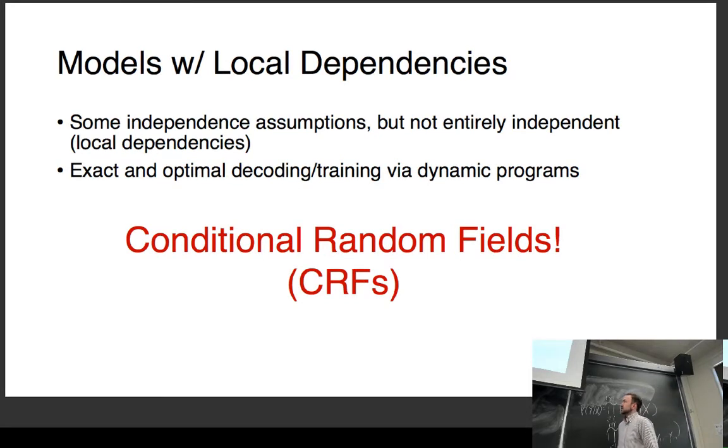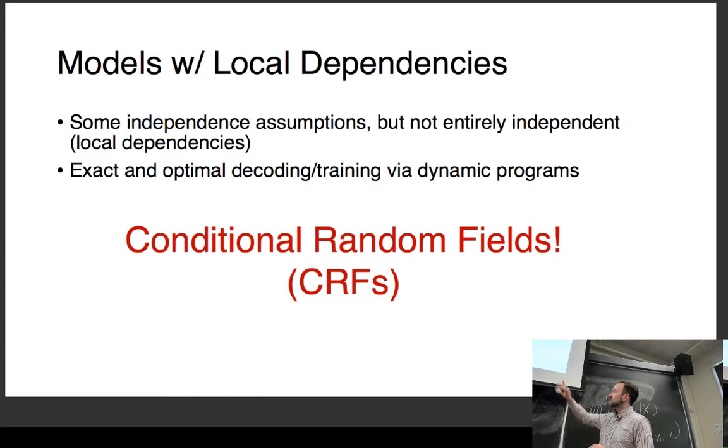So a solution to this is something in the middle, and these are models with local dependencies. They don't entirely say that every prediction is independent, but they also don't say that we're going to condition on everything else in the sequence.